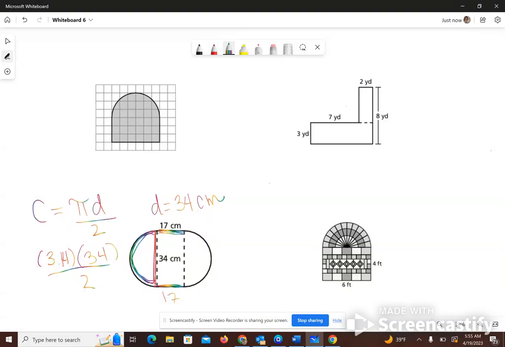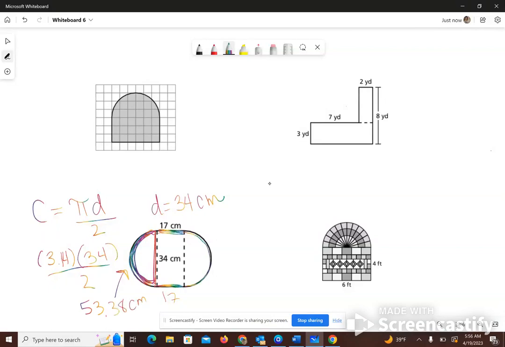So I'm going to, with my calculator, multiply 3.14 times 34. And then I'm going to divide it by 2. And I got the approximate perimeter of this area that I'm highlighting right now is 53.38 centimeters.